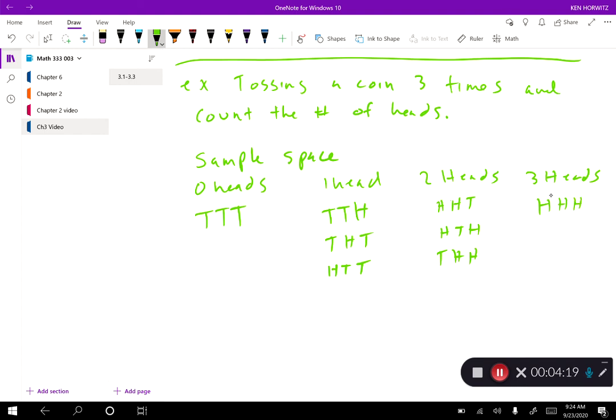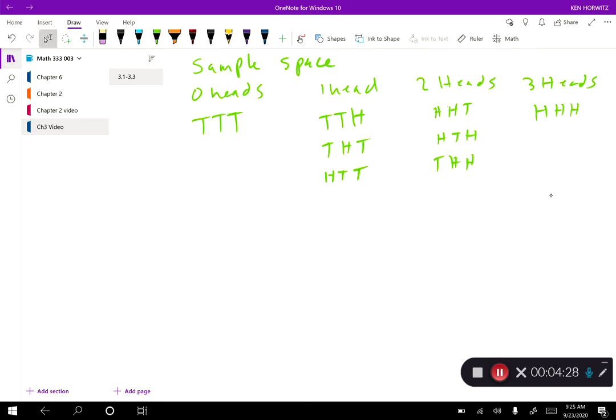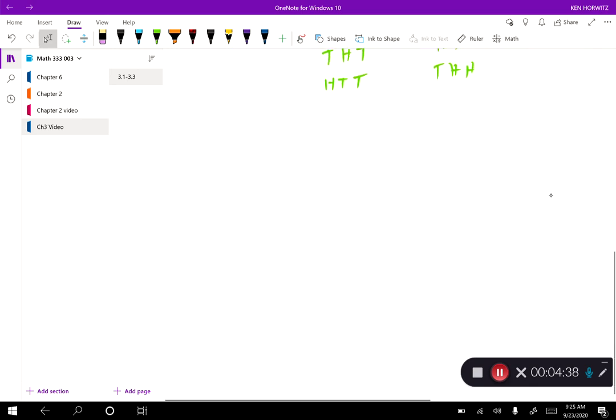Now, as far as sample space goes, it is a good way to do it. However, if it's tossing a coin 5 times or 10 times or 12 times, sample space becomes quite large. So we've developed something called a probability distribution.